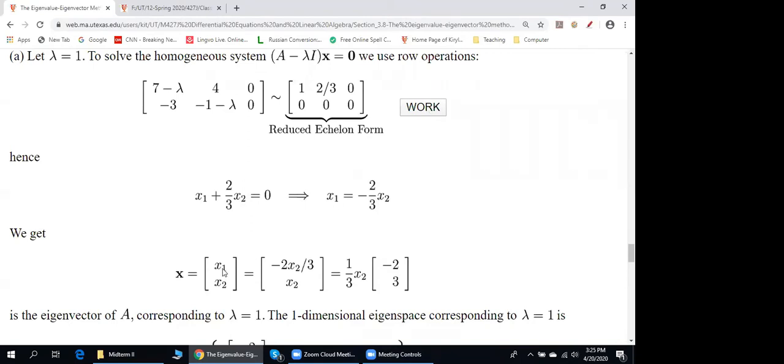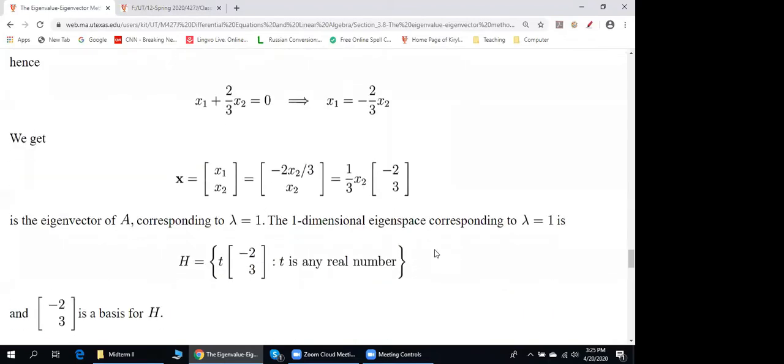Then we replace x1 by this expression, and then either we can factor out x2, or here I decided to factor out 1/3 x2 in order to have only integers inside. These are eigenvectors. This is the eigenspace. (-2, 3) is a basis.